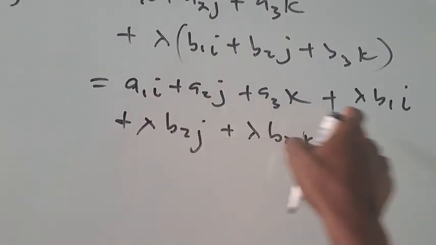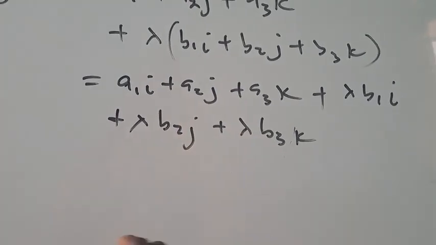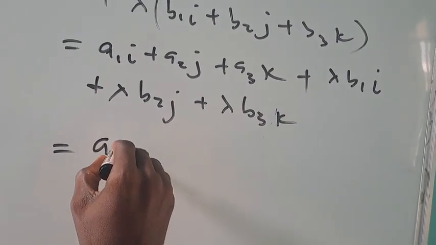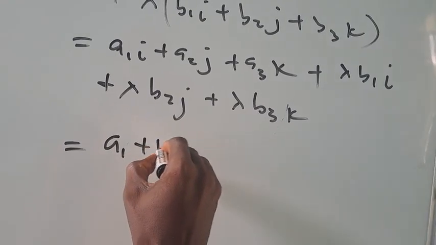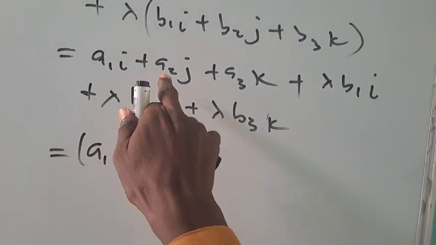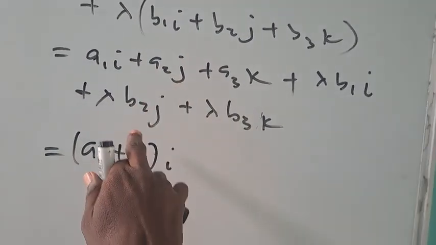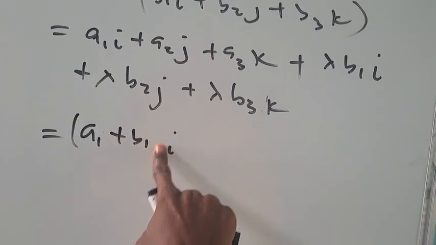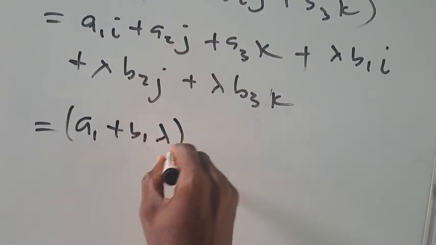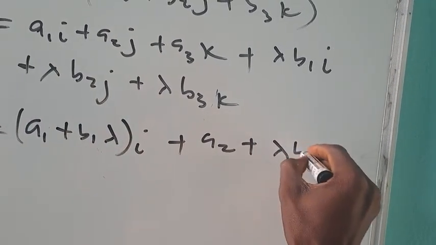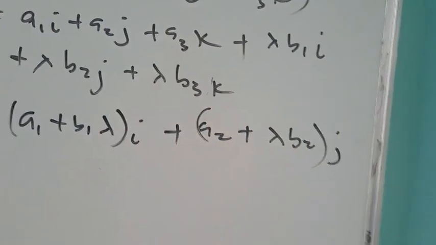Collect the i components together, collect the j components, and all that. So we are going to get a1i and lambda b1i, that is a1 plus lambda b1, times i. Now a2j and the lambda b2j: it will now be a2 plus lambda b2, times j.